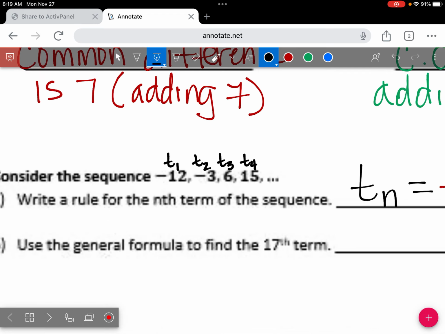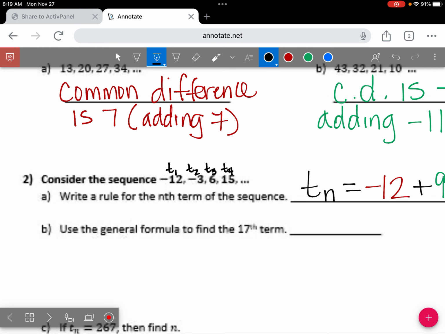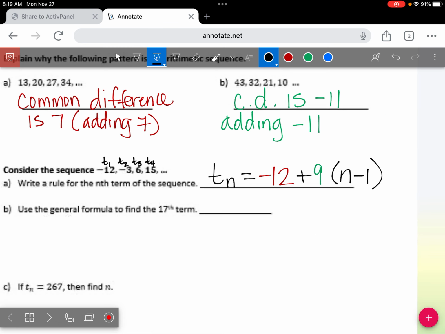So if I want to know the 17th term, I'm going to use the rule that I created to find the 17th term, because n is 17. So if n equals 17, go ahead and use this formula that you just wrote to find the 17th term. We're going to put a 17 right here. So T17 equals negative 12 plus 9, and then I have a 17 minus 1.